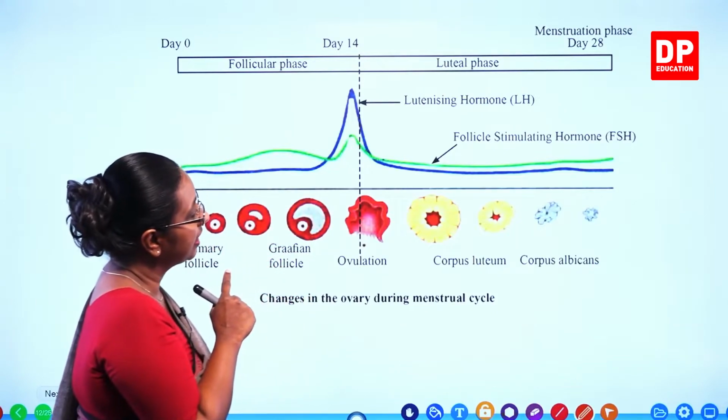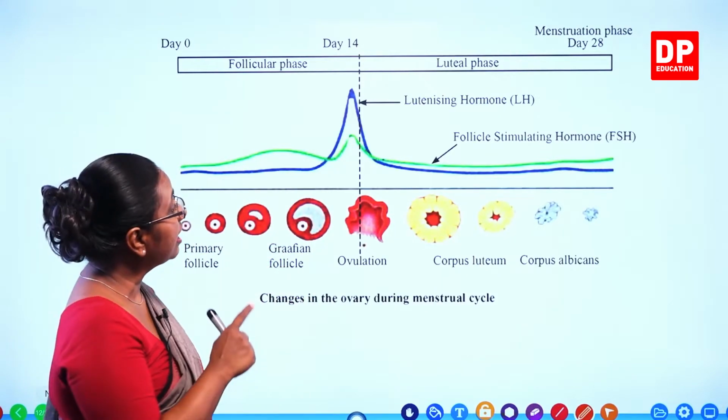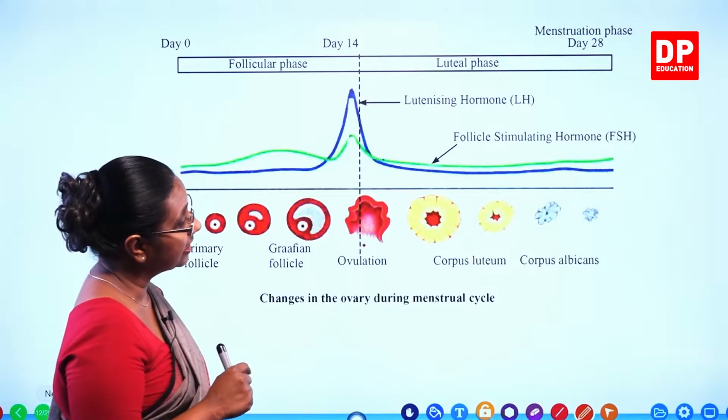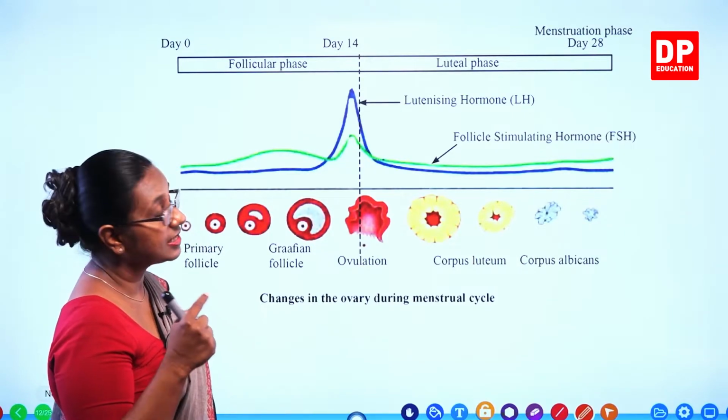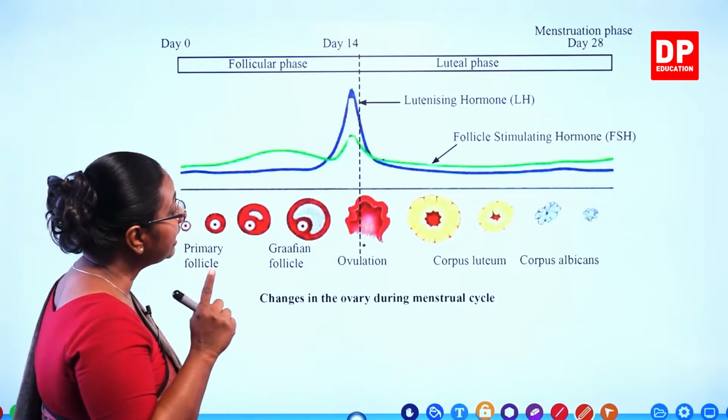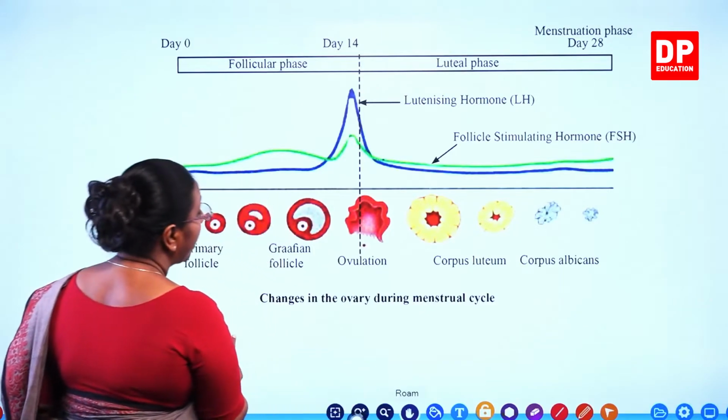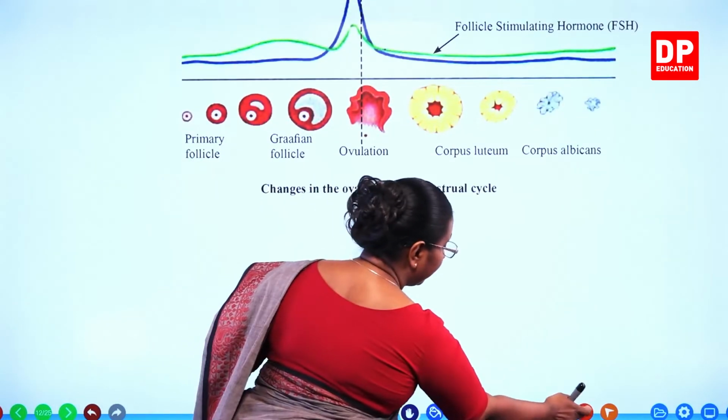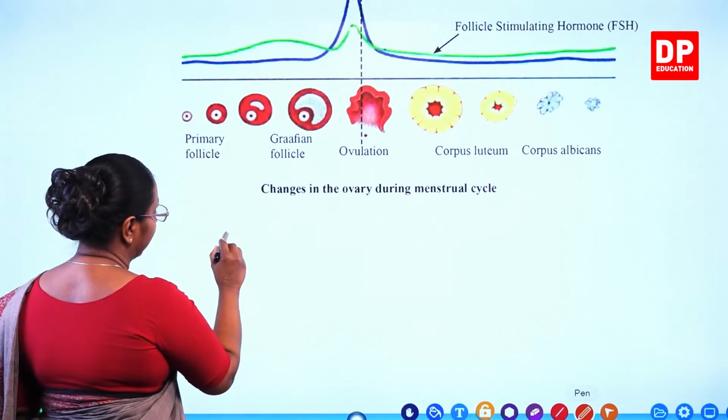Luteinizing hormone is abbreviated as LH and follicle stimulating hormone is abbreviated as FSH. This LH and FSH are secreted by the pituitary gland.